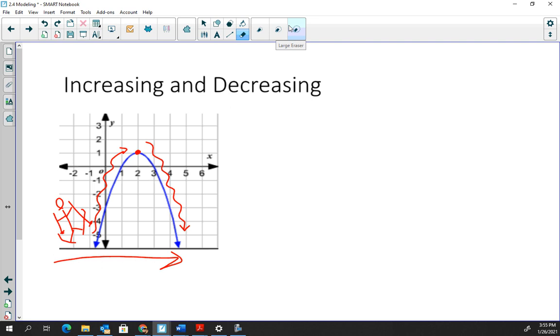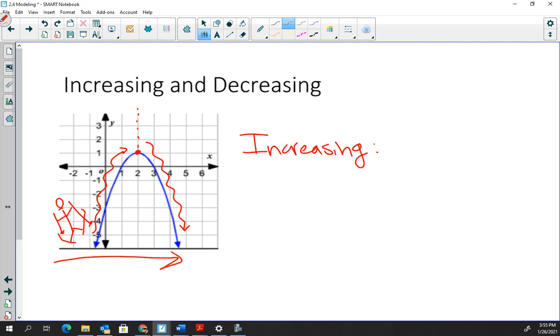So here's what I'm going to write. You'll be asked to tell where a function is increasing or decreasing. So if I was going to say where this graph is increasing or decreasing, I would say that it is increasing, and I'm going to write this as an inequality. It's increasing for all of the x values that are to the left of my vertex, right?